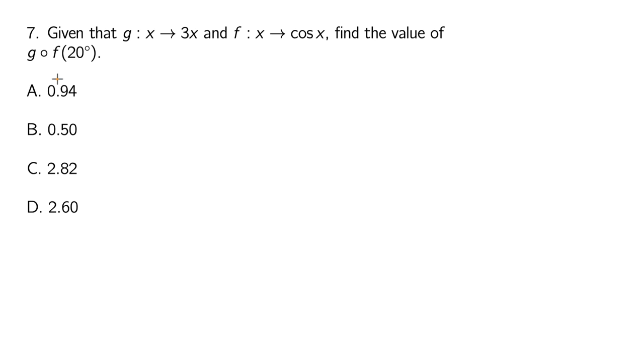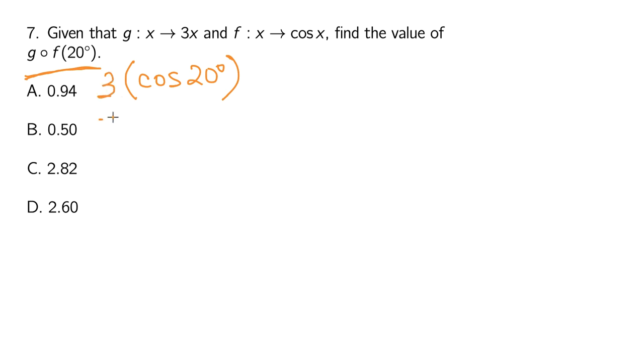What this expression means is that first you apply f and then you apply g to the result. So what do we get by applying f? f of 20 becomes the cosine of 20 degrees. And then when we get this, we have to apply g to it. And what does g do? g says whatever you get, multiply it by 3.